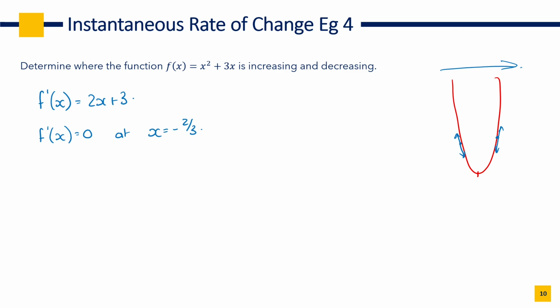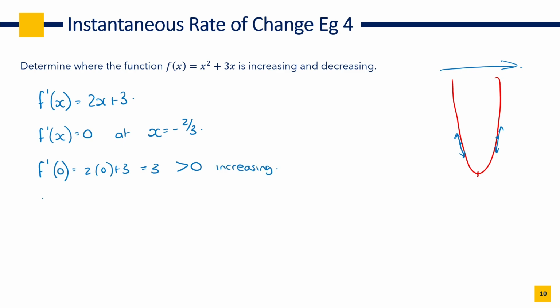I try to be as lazy as possible when I choose my values because, well, who doesn't want to be? So when I'm looking to the right, I'm going to choose 0 because anything multiplied by 0 really makes your life easy. So we say the first derivative at 0 is equal to 2 times 0 plus 3, which is equal to 3, which is greater than 0, which means increasing.